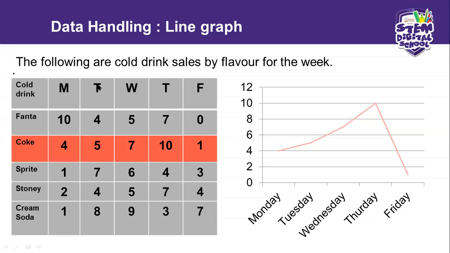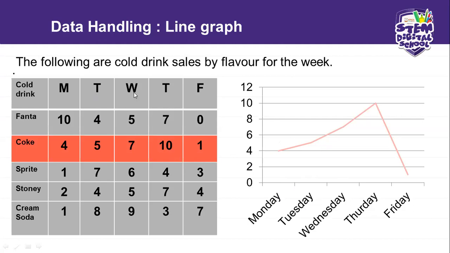And then we go back to the table and we check there. For Tuesday, how many were sold? 5 were sold. So we go to the graph to plot it. We go to Tuesday, there we go. 2, 4, 5. You can see there it's in between 4 and 6.